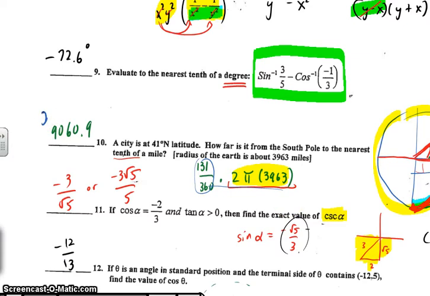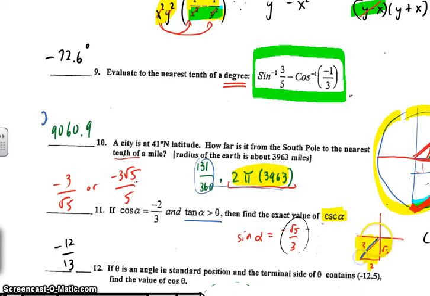All right, number 11. We're given the cosine of an angle, and we're given that the tangent is greater than 0. We're asked to find the exact value of the cosecant. Okay, so I don't need to find the angle. All I need to know is that the cosine is negative 2/3 and the tangent is positive.